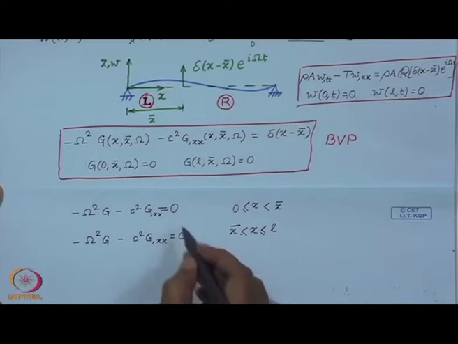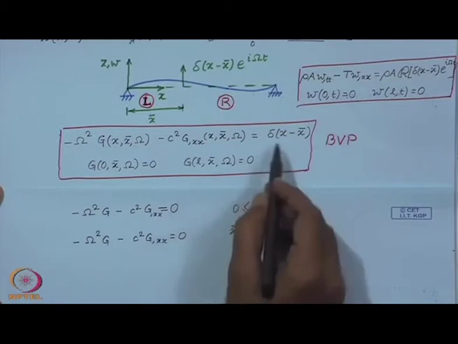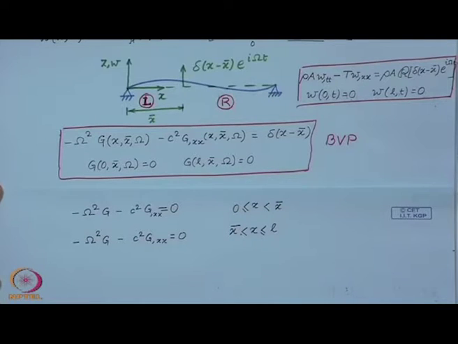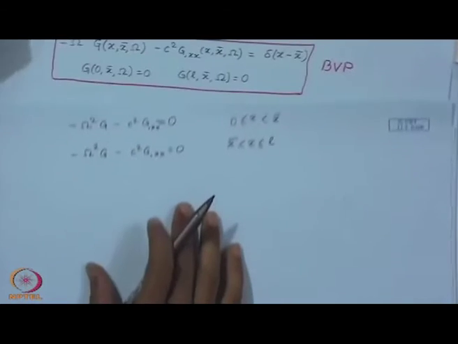Only at x equal to x bar is there a Dirac delta function acting. In the other regions there is no forcing. Now, we can easily write the general solution for the Green's function in these two regions.